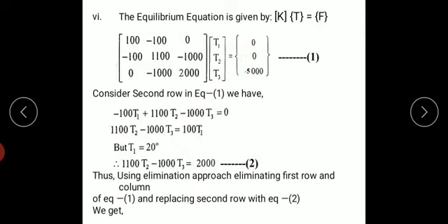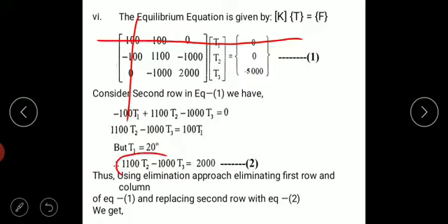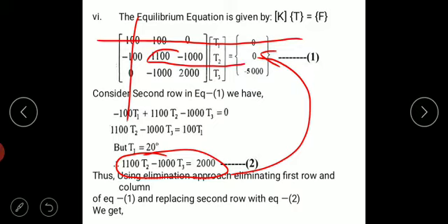Now I will use two things at a time. I am going to eliminate first row and first column of the equilibrium equation, and substitute equation 2 into the second row. If I substitute this value, now I am going to get what?